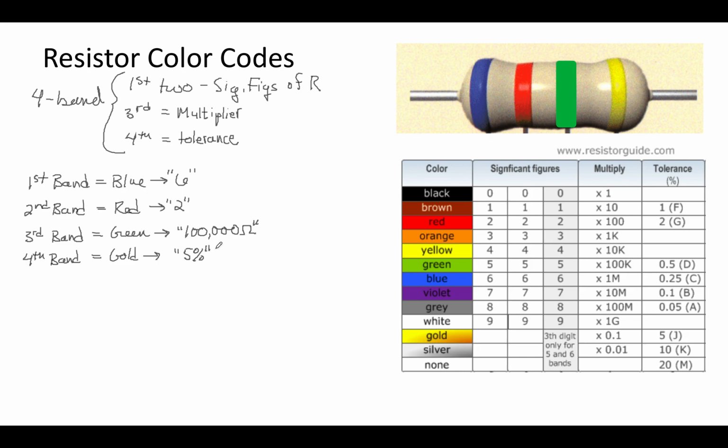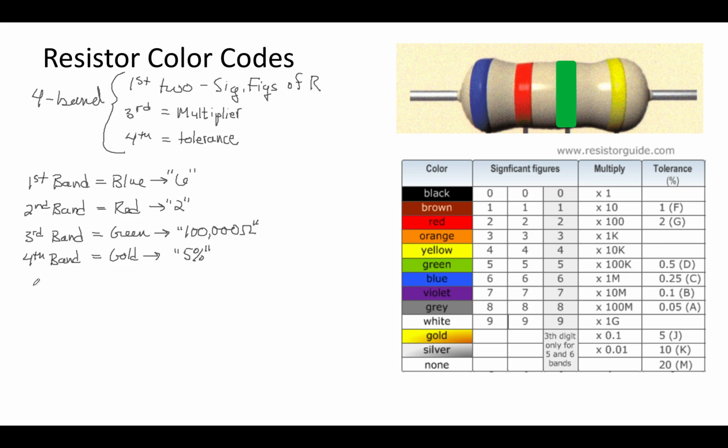And so then what you have now is 62 times 100,000. Or you could quickly get on a calculator just to check. And you get 6,200,000.